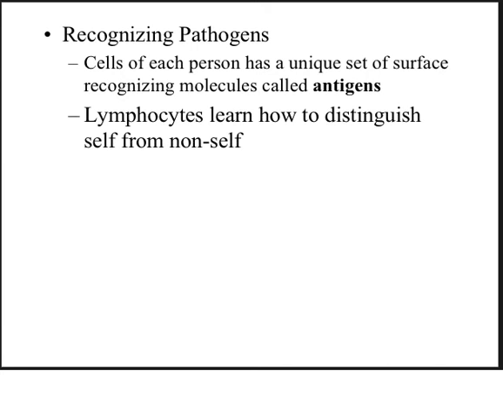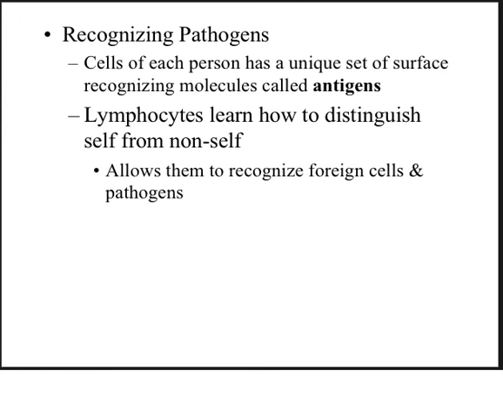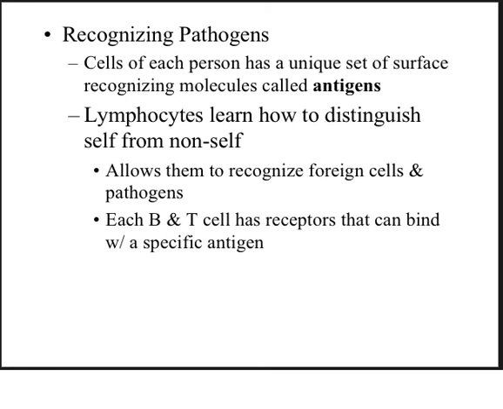Lymphocytes learn how to distinguish your own antigens from antigens that are not found on tissues in the body, and this happens during the development of the immune system through a process of differentiation, DNA rearrangement, and clonal selection. And we'll get to those processes in a bit. This is what allows them to recognize foreign cells or infected cells in the body and target them for destruction.